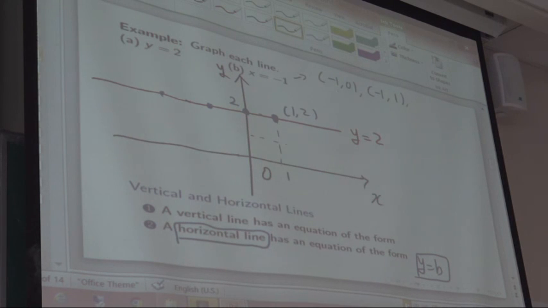So negative 1, 0, which is right here, and negative 1, 1, which is right here. So we can connect them. Then this is the line for x equals negative 1.